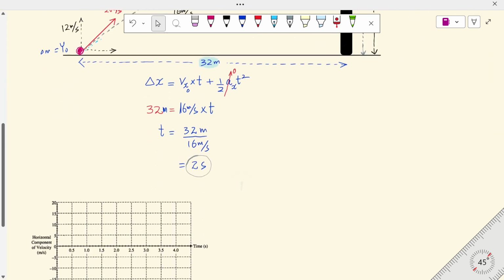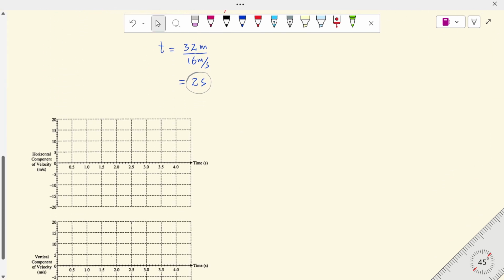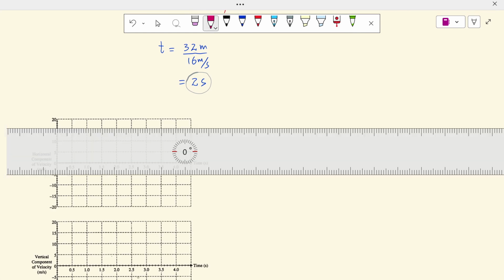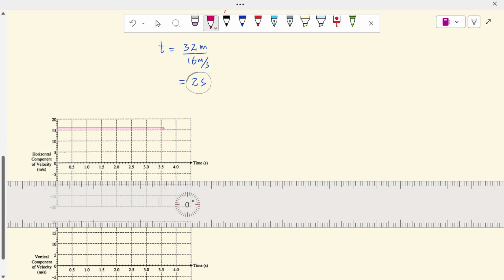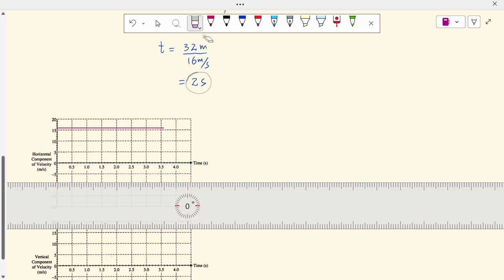So how can we draw this? We know the velocity is 16, so that should be this line. But how long is this line? It will be just for the 2 seconds, when it reached the fence. So this is the graph for the horizontal velocity.